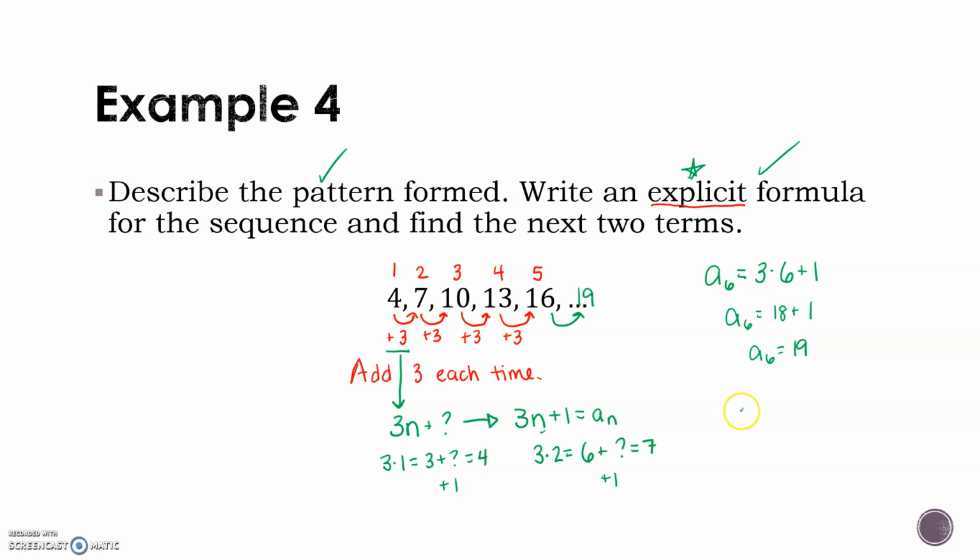Good way to check my work. a sub 7 equals 3 times 7 plus 1, and a sub 7 is 21 plus 1, which would give us 22. So these would be my next two terms.